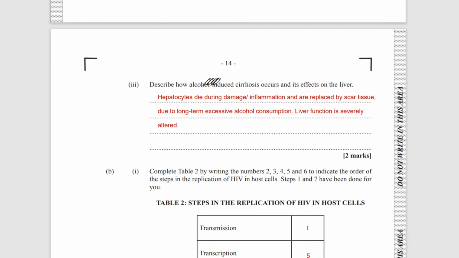Describe how alcohol-induced cirrhosis occurs and its effects on the liver. This is like scarring of the liver, right? Now remember, this is a non-reversible process. You really could only slow it down past a certain point. But how this happens is that the hepatocytes, the liver cells, die during damage or inflammation, and this again could be due to the accumulation of fats, and they get replaced by scar tissue.